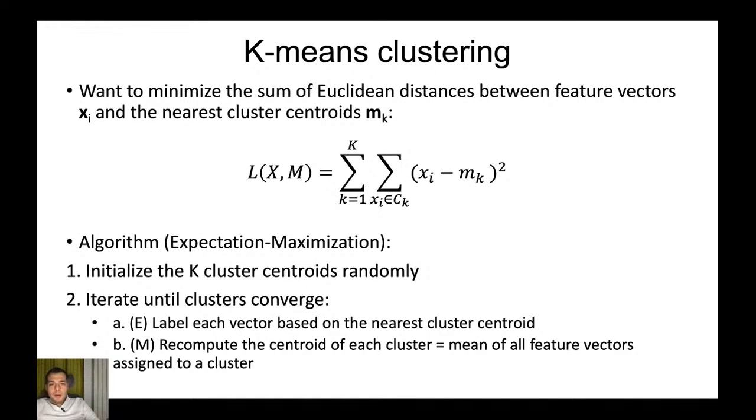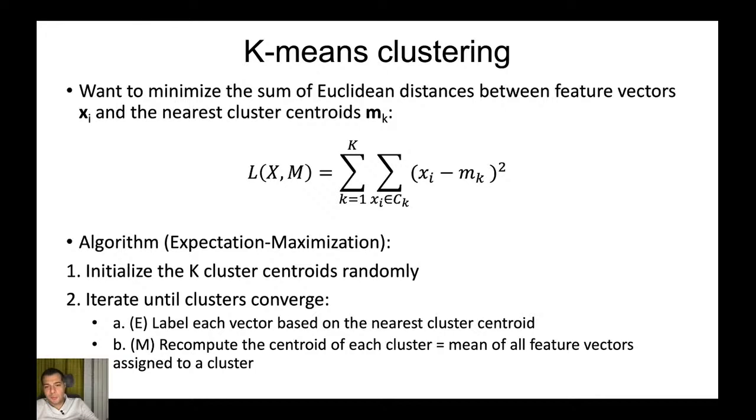Okay, so starting from our objective, the algorithm that minimizes this objective is the expectation maximization algorithm, which adapted to k-means works as follows. We initialize the k cluster centroids randomly, then we iterate until the clusters converge using the following two alternating steps.